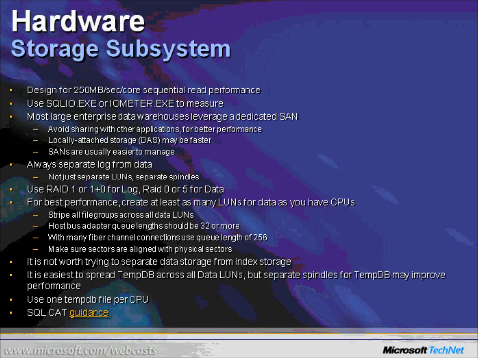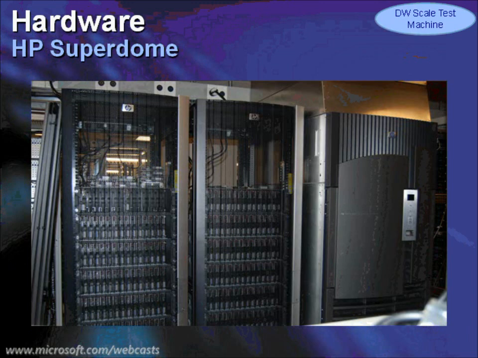You should always separate your log from your data, keeping them on separate LUNs or spindles. I'm not going to go through all the points here, but these are some of the main points you should remember for designing a good storage system for your data warehouse.